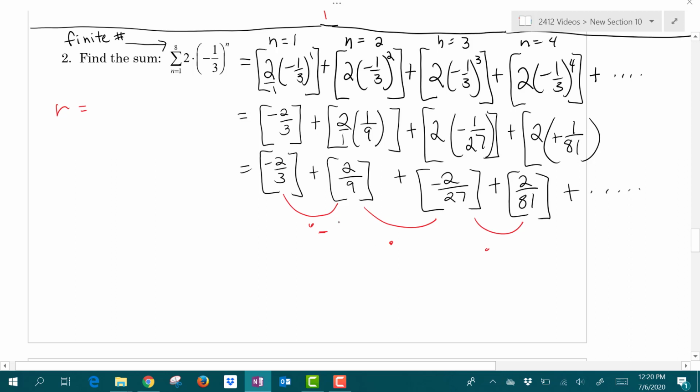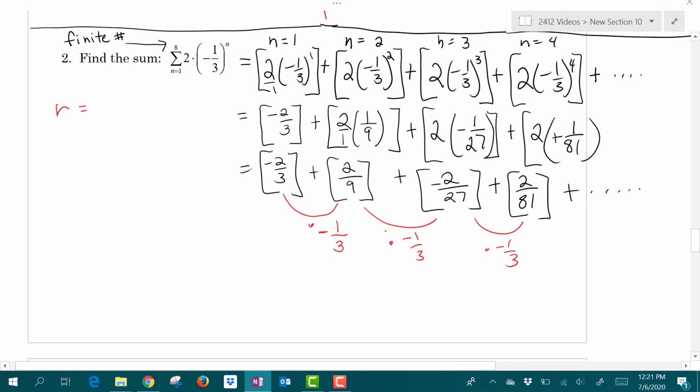It looks like the top number itself isn't changing, so it looks like a 1. It looks like the bottom number is getting multiplied by 3 each time. So my guess there would be a negative 1/3. And you could test that out. Multiply 2/9 by a negative 1/3. Good. Multiply negative 2/27 by a negative 1/3 and you get a positive 2/81.